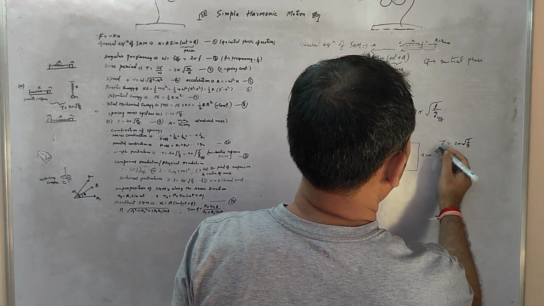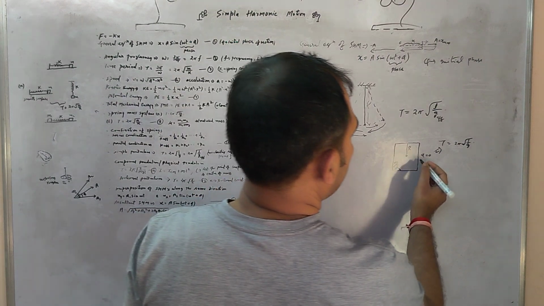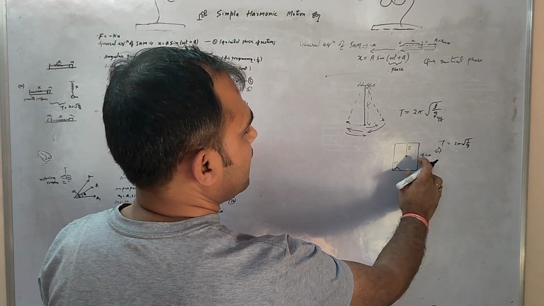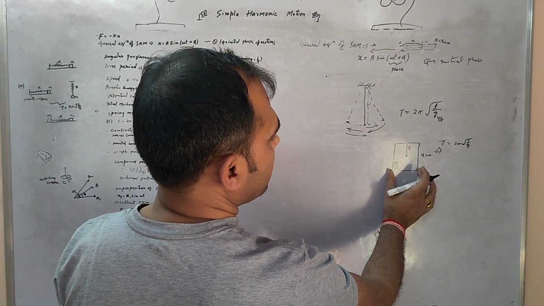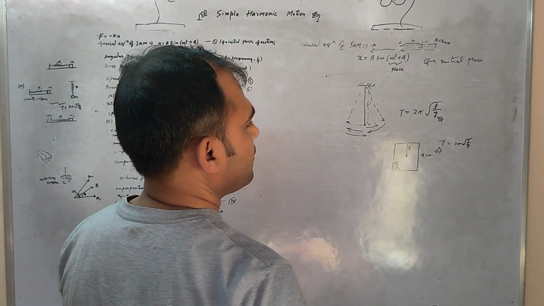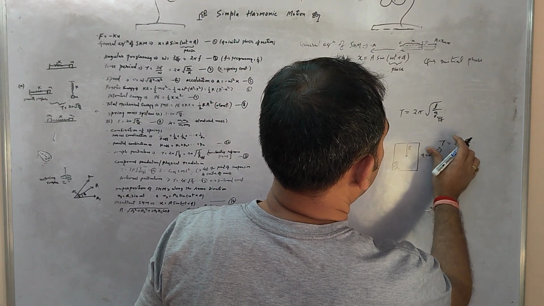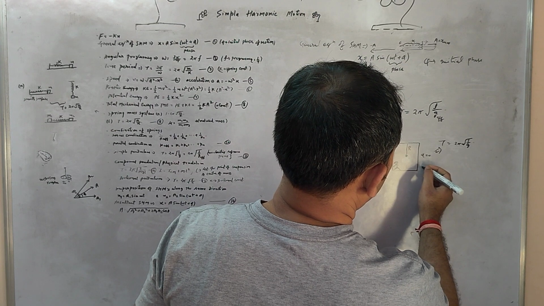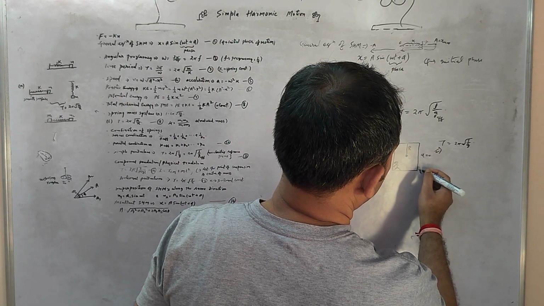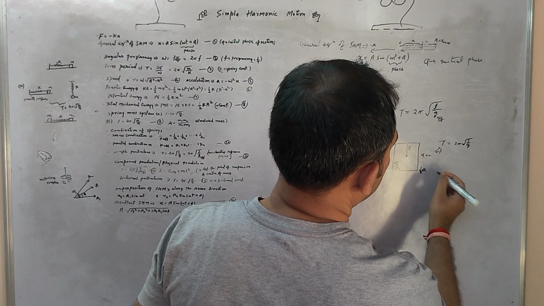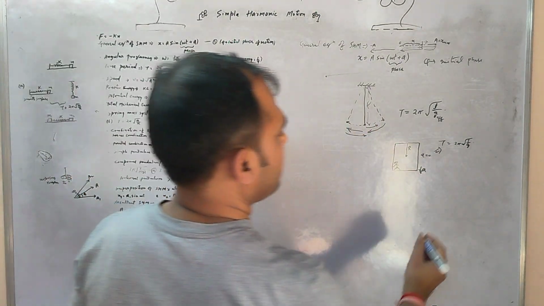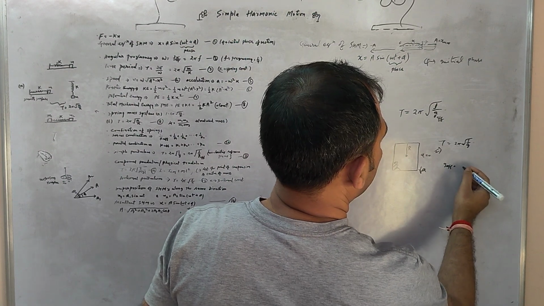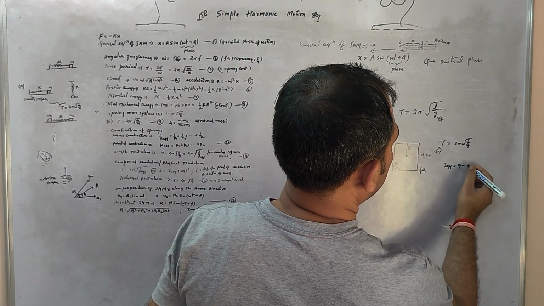This is for a equal to 0. a is the acceleration of this moving reference frame. If now this is moving downward with acceleration a, then g effective will be equal to g minus a.